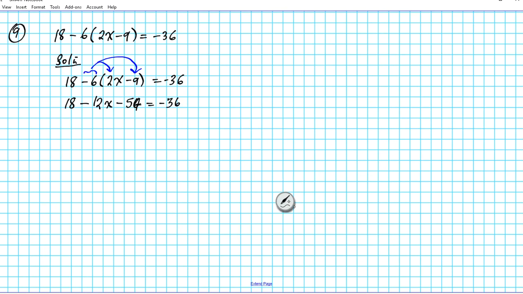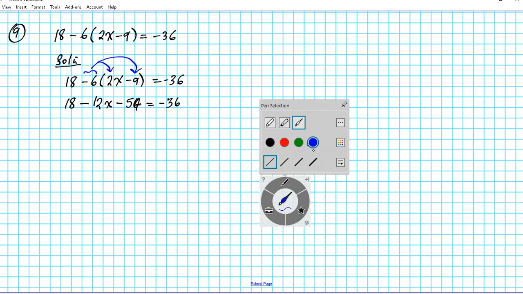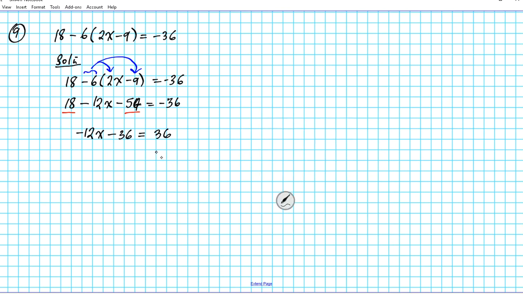Now let's combine like terms on the left side of the equation. These two constants are like terms that can be combined. So we have negative 12x minus 36 is equal to negative 36.